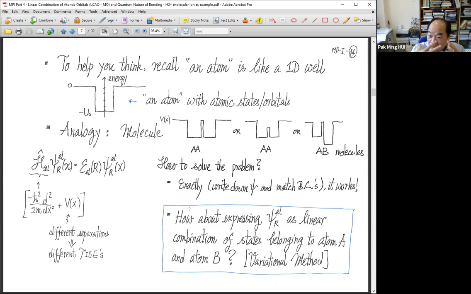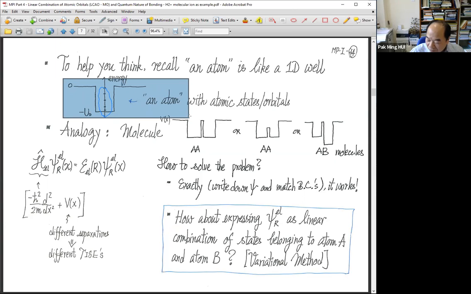If you can't follow what is going on in this H2 ion problem, here are some easier analogies to help you follow what's going on. It is a very good picture to think in terms of finite wells as atoms, just a 1D version of atoms, of course. Because we know that in a finite well, we have these states.